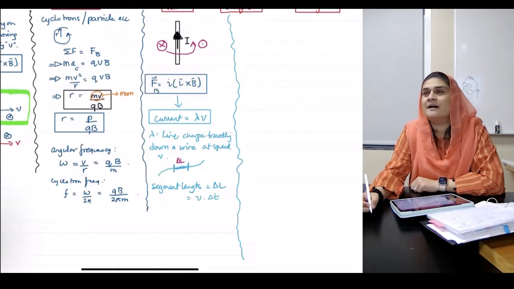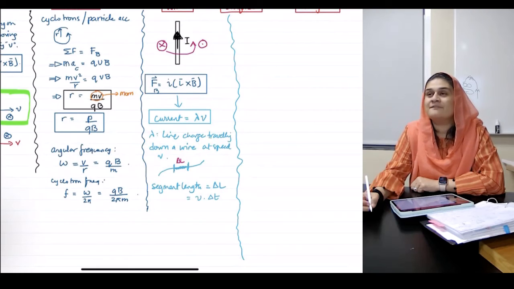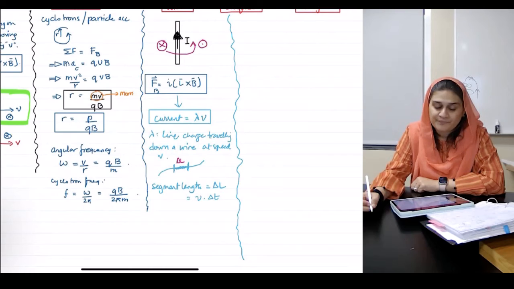Am I allowed to do that? Speed equals dl over dt. So may I define my delta L as v delta t?